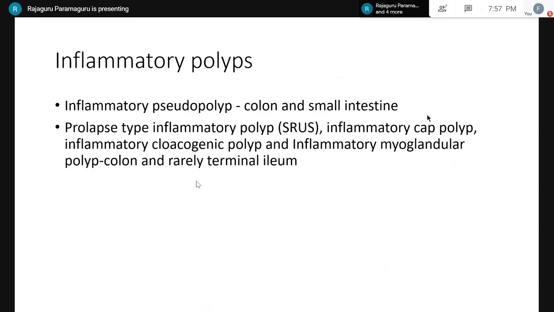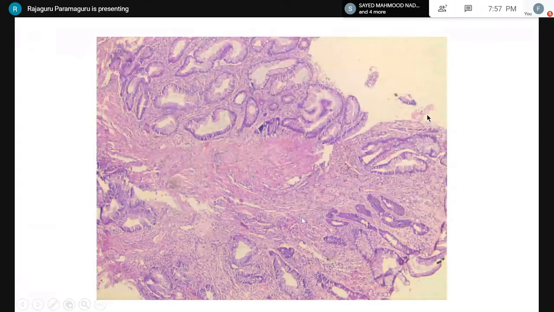This is an example of an inflammatory polyp, which was seen in a case of ulcerative colitis, where you see the crypts to be hyperplastic with some inflammation in the lamina propria. Again, you are seeing some reactive changes. This is not a part of dysplasia. And the normal muscularis mucosae is seen over here.